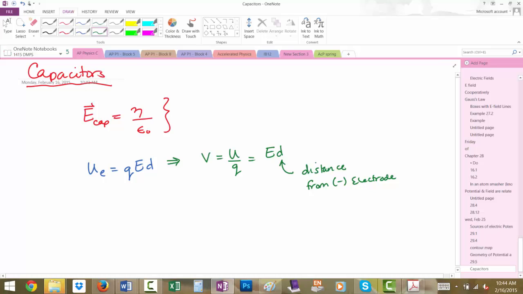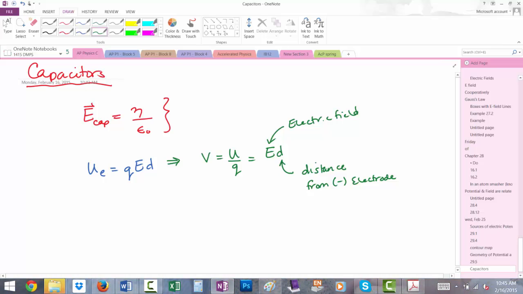It may be at ground, it may not, but it's at the lowest possible place we're at, all right? And this is the electric field. So we can use those two statements to throw some things together.